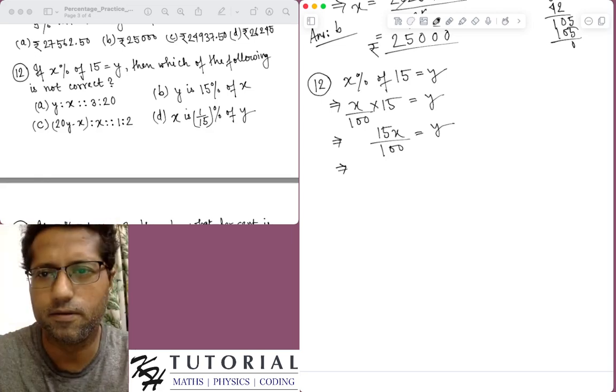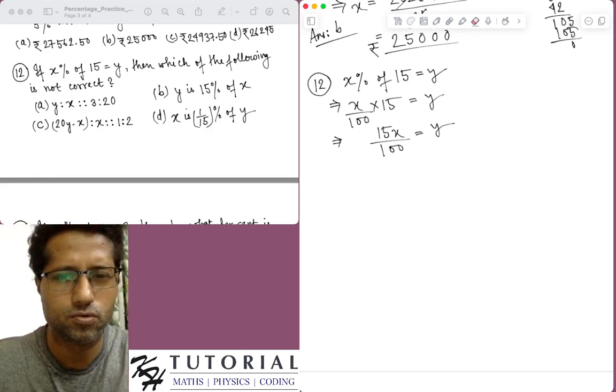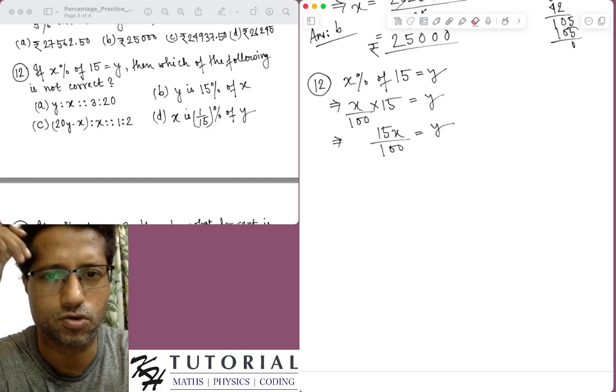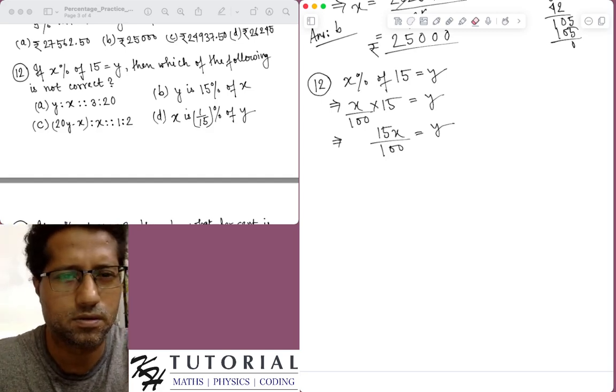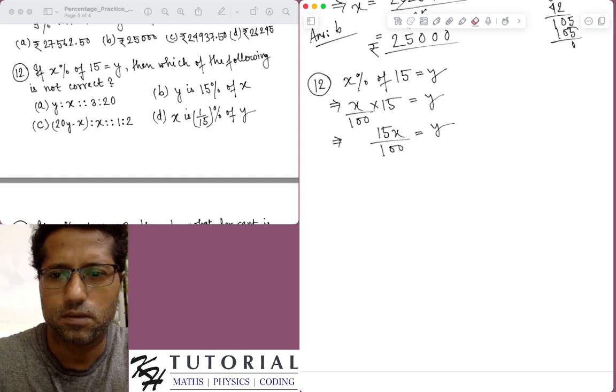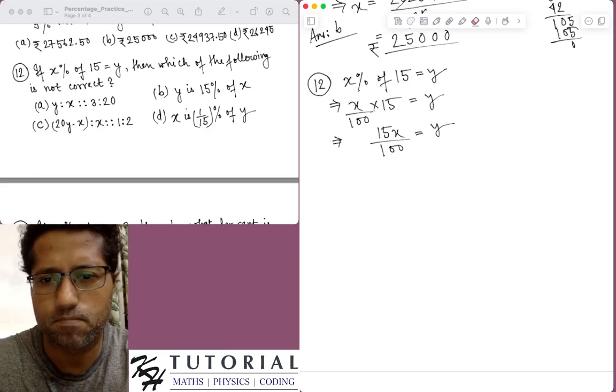Now we have to see which of the choices is not correct. Let's simplify 15X by 100 further.